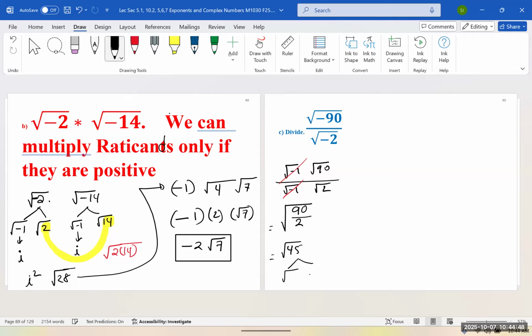So what two numbers? 9 and 5. And what is the square root of 9? And we don't know what is the square root of 5. Let me put a little bit of space, otherwise people think it's a cube root. 3. Perfect. So this is one way of doing it.